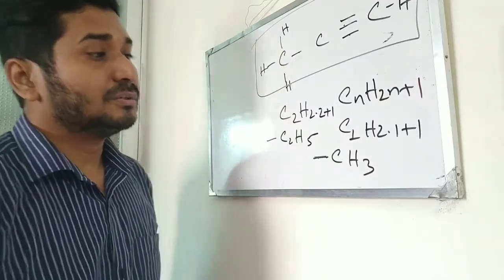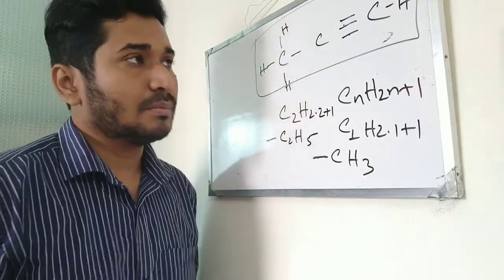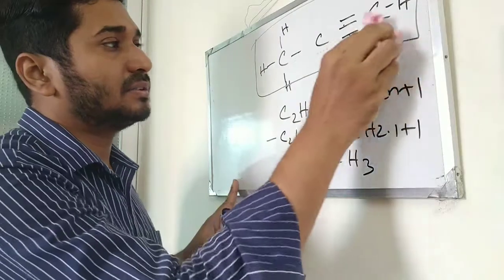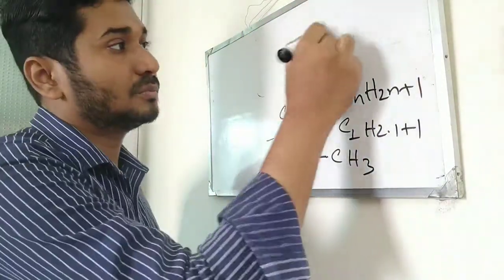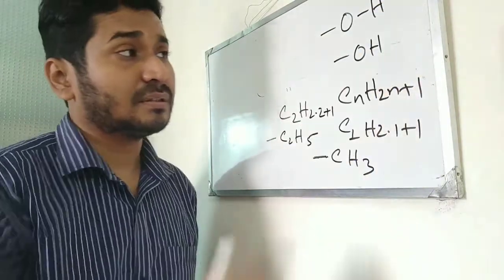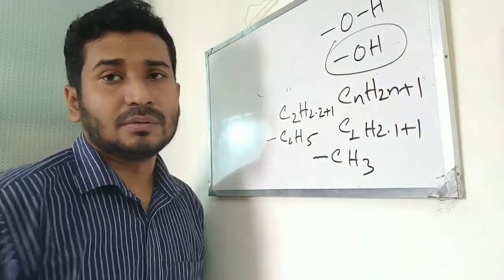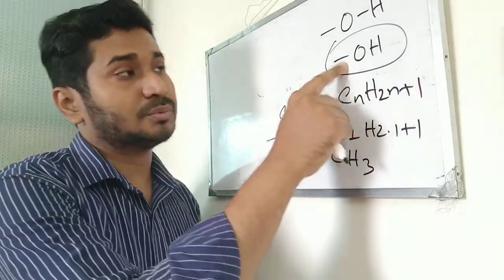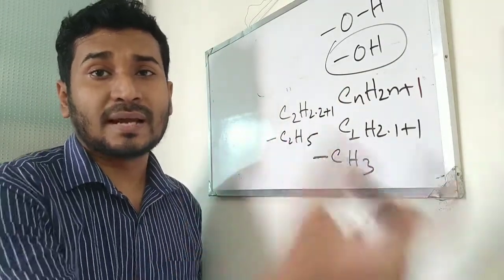To make you understand easily, I can take another radical which is called alcohol, OH, and I can write it like OH. It's also a radical. There is one blank bond which is needed to make a bond with another radical.